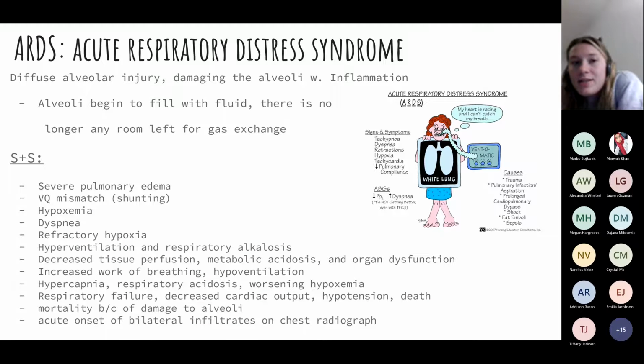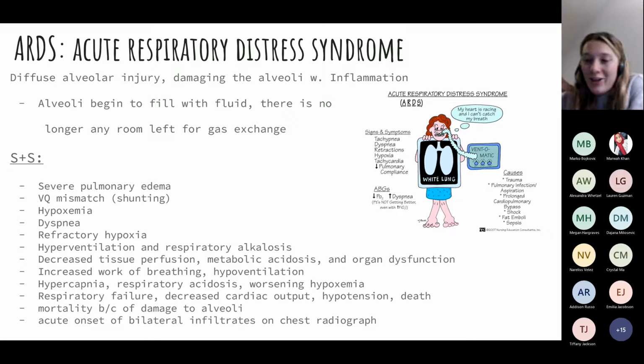So ARDS is our acute respiratory distress syndrome. This is a diffuse alveolar injury and it damages the alveoli with inflammation. This is a response usually to infection or any sort of inflammatory situation, whether we're talking about sepsis, shock, etc. But what happens with these is due to an inflammatory response.